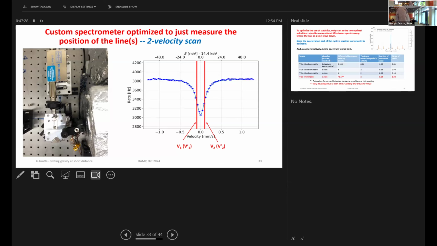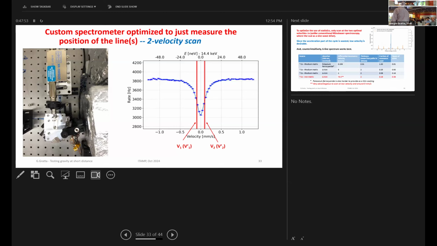Okay, the reason I added this slide is that it shows one of those resonances with our spectrometer. Unlike chemists who want to measure the structure, all the peaks and so on, the only thing we care about is whether the peak has moved as we bring the attractor close or move it farther away. So we only measure the line at the two most sensitive points on the sidebands.